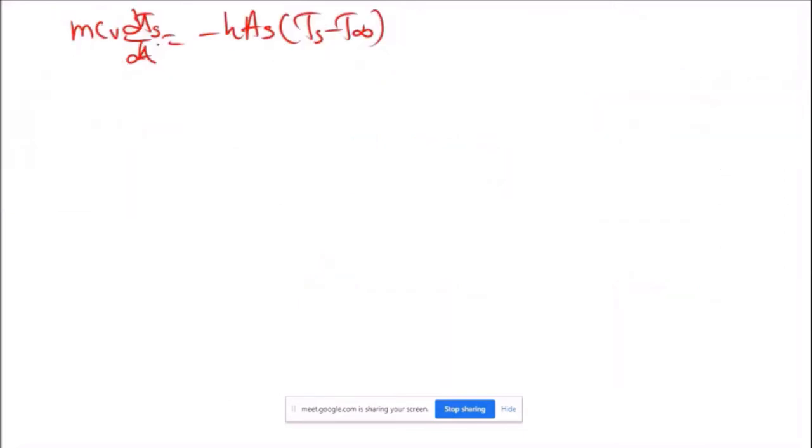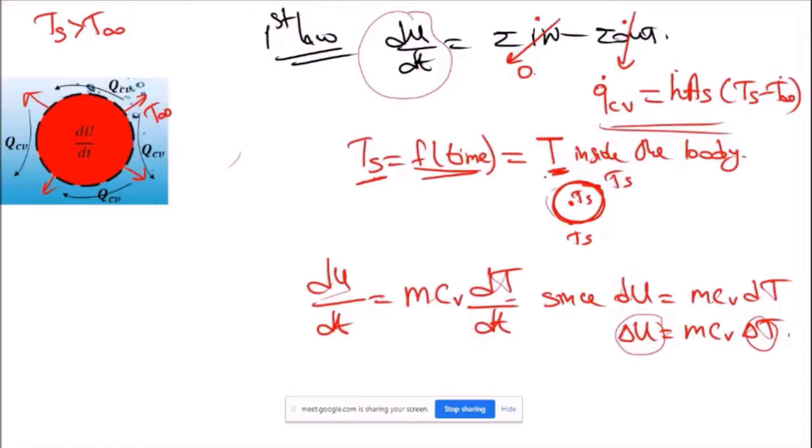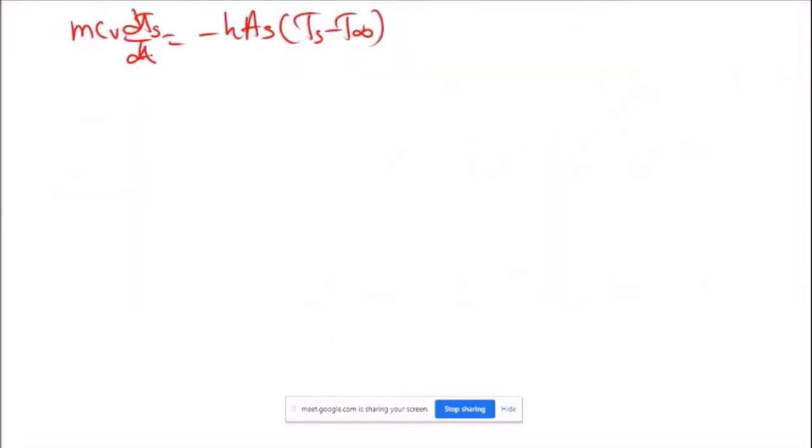So you will have this differential equation, and I said that T is the same as Ts because the body has the same temperature everywhere. It doesn't matter whether it is Ts or T. So I have this differential equation. Let me erase this first.